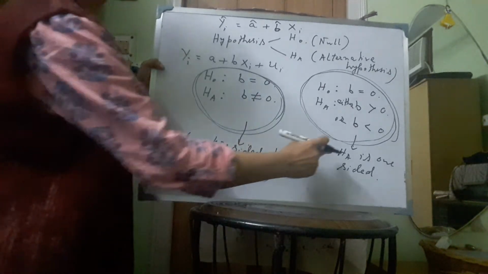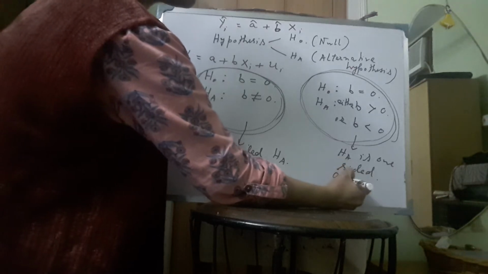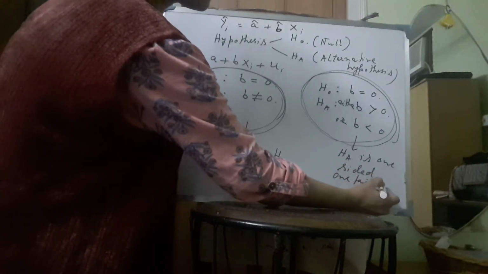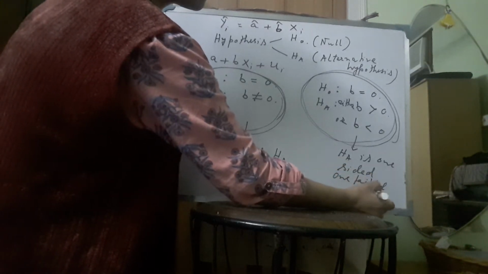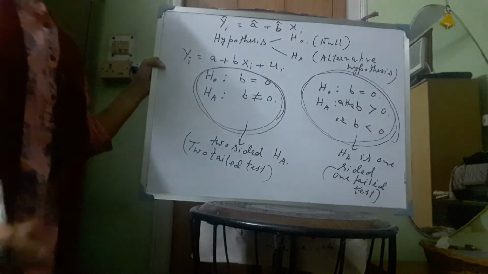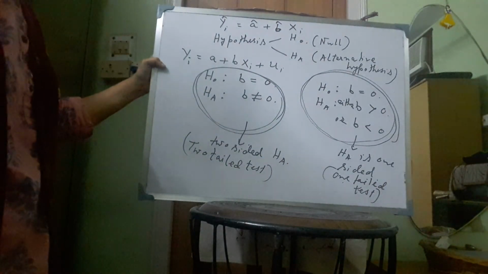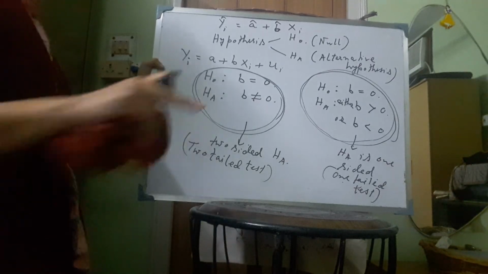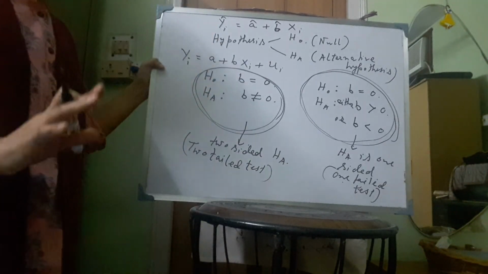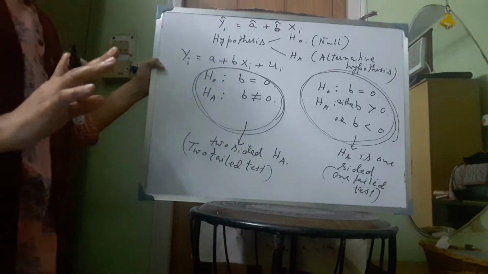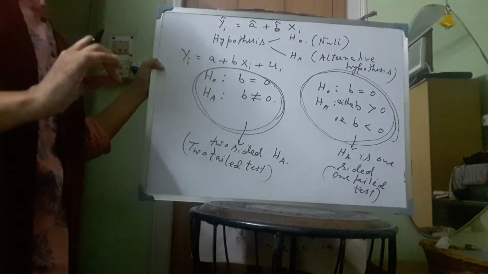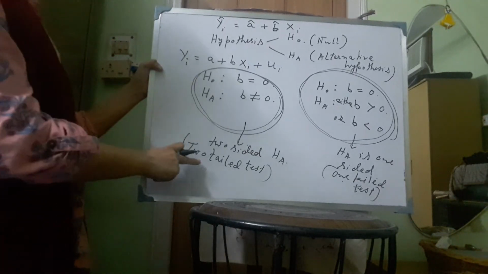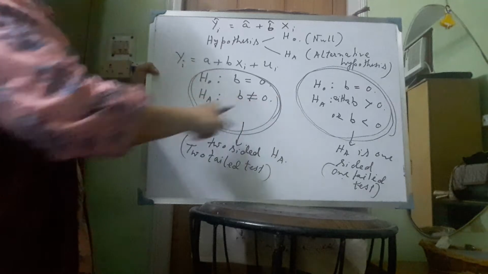And if HA is one-sided, then we do one-tailed test. So in the statistical inference, the first step is to form the hypothesis. So in step 1, we have already formed the null hypothesis and alternative hypothesis, and depending on the nature of the alternative hypothesis, we can do either one-tailed test or two-tailed test.